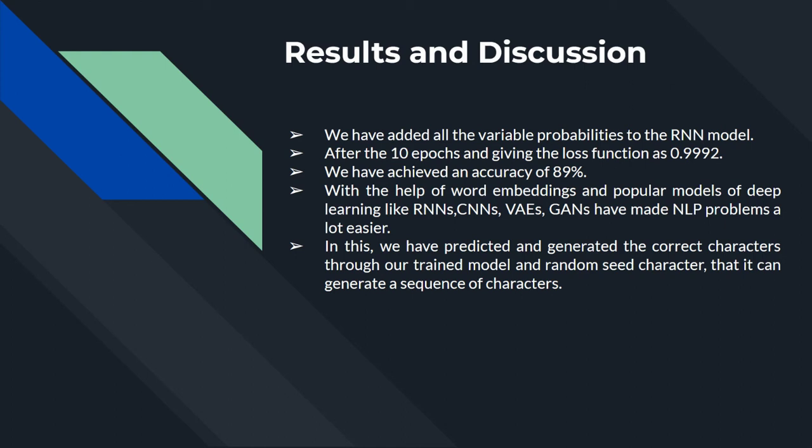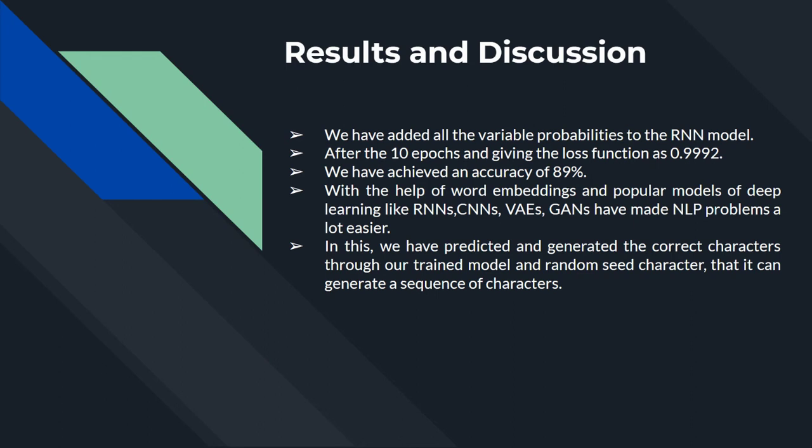With the help of word embeddings and deep learning models like RNNs, CNNs, VAEs, and GANs, natural language processing problems have become a bit easier. We predicted and generated the correct characters by giving an essay which has some errors in the word phrases and sentences, and after training the model we get an output with all the word phrases and sentences corrected.